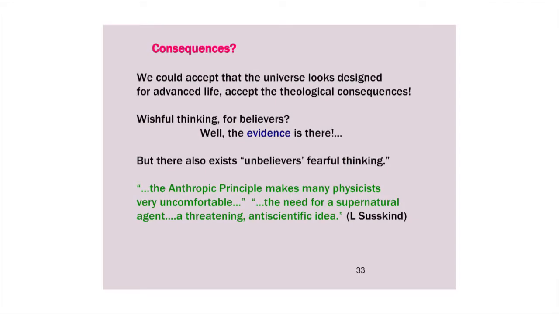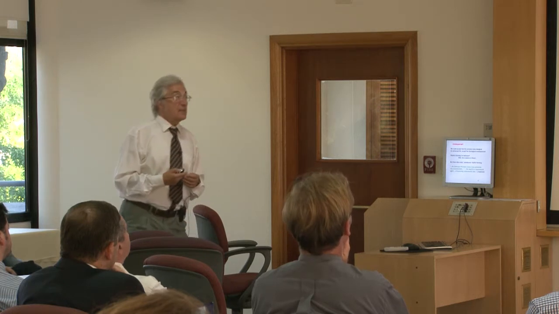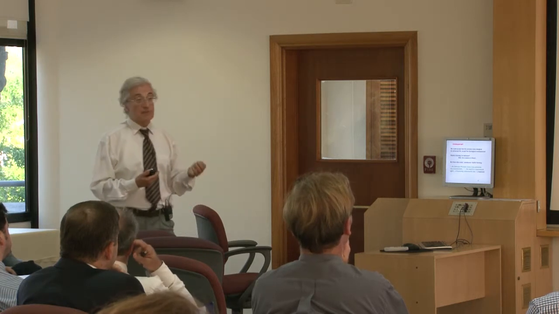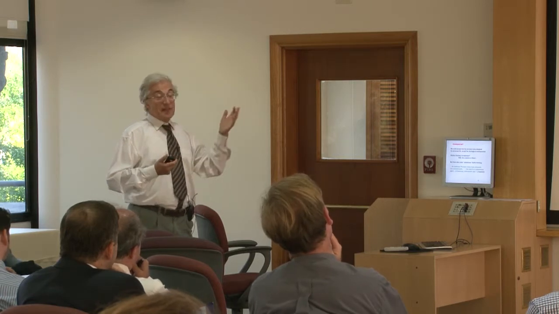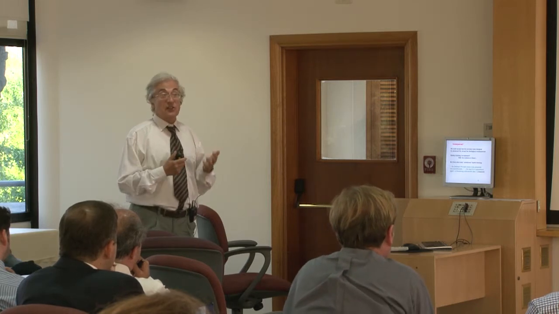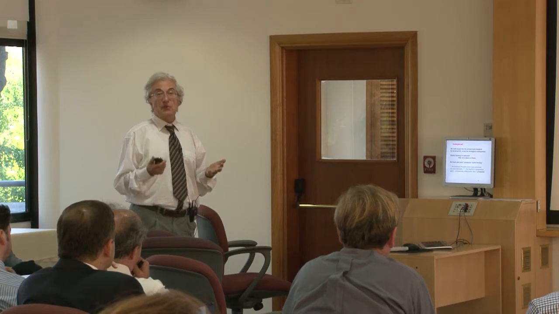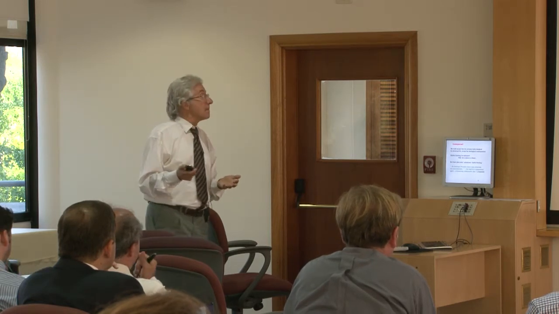So we could just accept that the universe looks designed for life and accept the theological consequences. As I shall say in the end, it's an entirely reasonable thing to do. You can very well say there's a lot of intelligence somehow or other in the universe, and to say that it was set up for us with the sort of people that we know ourselves to be is an entirely reasonable thing to believe.